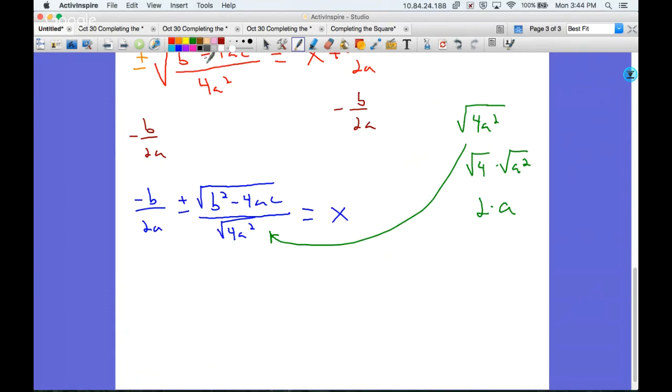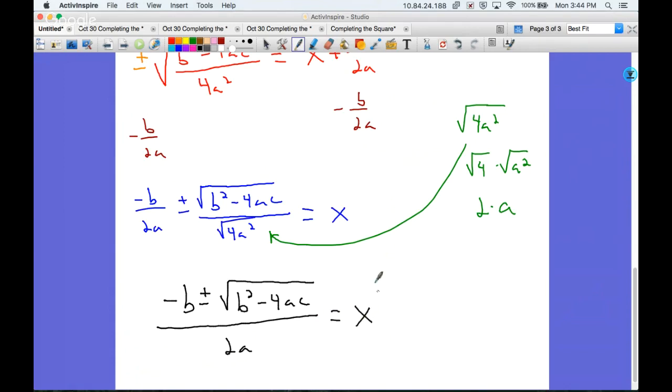So we're just going to combine them into one fraction. Negative b plus or minus the square root of b squared minus 4ac all over 2a. All right, and that exactly matches what we've seen so far for the quadratic formula.